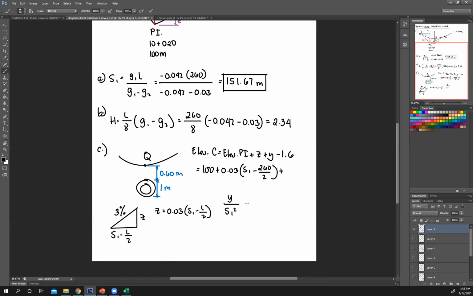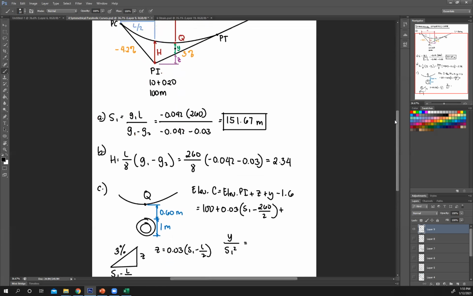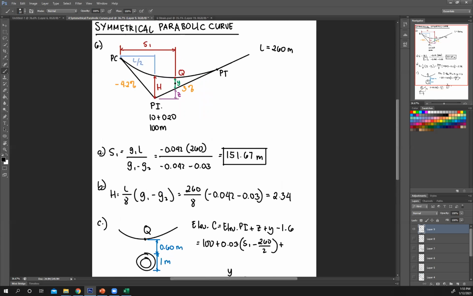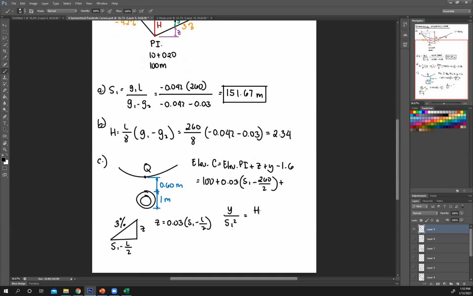So Y over S1 squared equals, and we're going to use a value that we already know. This is H. We've solved for H already. So vertical over horizontal squared, and horizontal is just L over 2. So L over 2 squared. So Y, again, S1 is this, equals H. H is 2.34. And L over 2 squared.